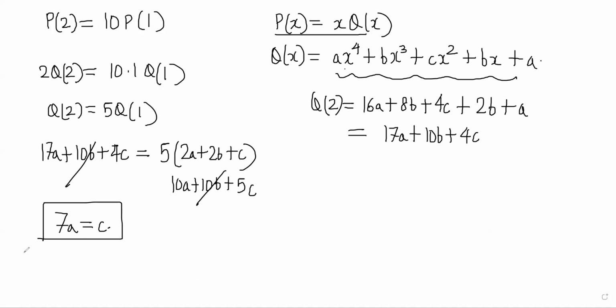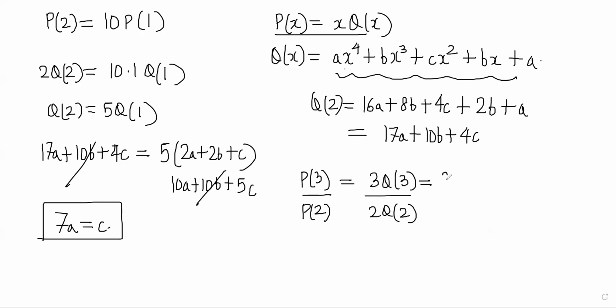And remember what we wanted to find out in the question? We wanted to find the greatest possible value of p of 3 by p of 2, right? So now we will work on that. So p of 3 by p of 2 is equal to 3 times q of 3 by 2 times q of 2, right?